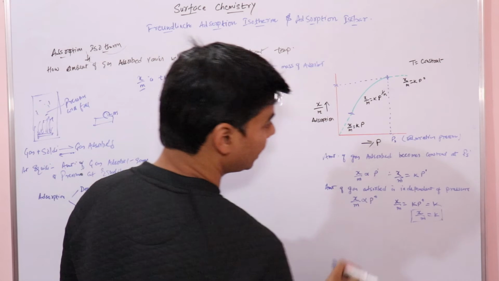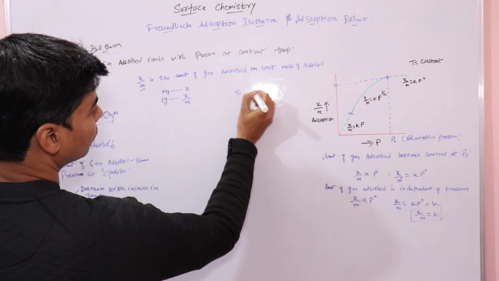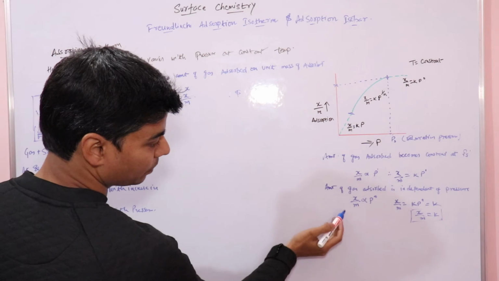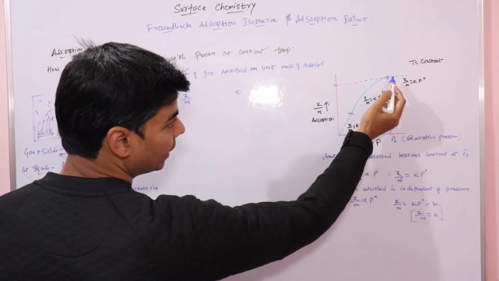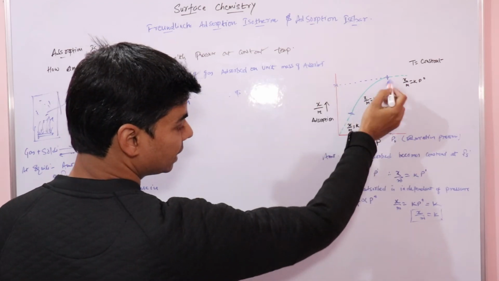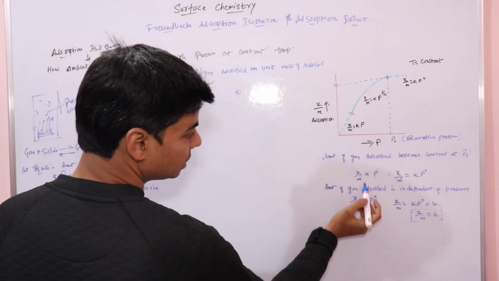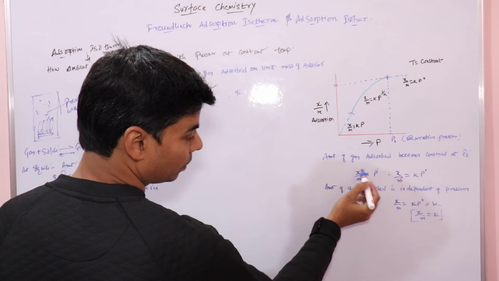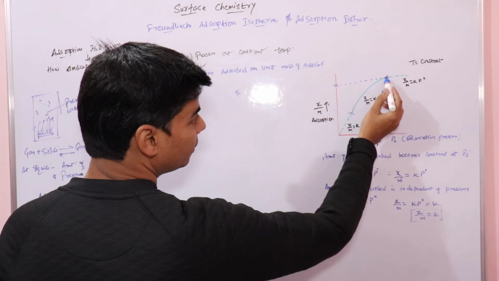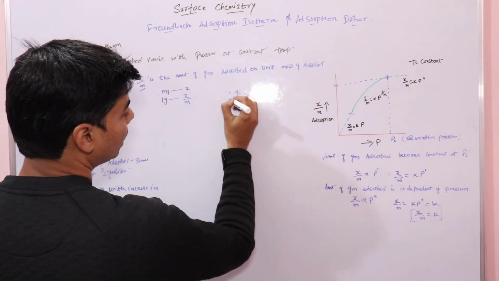Here P is to the power of 0 because the amount of gas adsorbed does not depend on pressure, and up to this point, the amount of gas adsorbed depends on pressure to the power of 1. So in between these two would be between 1 and 0.